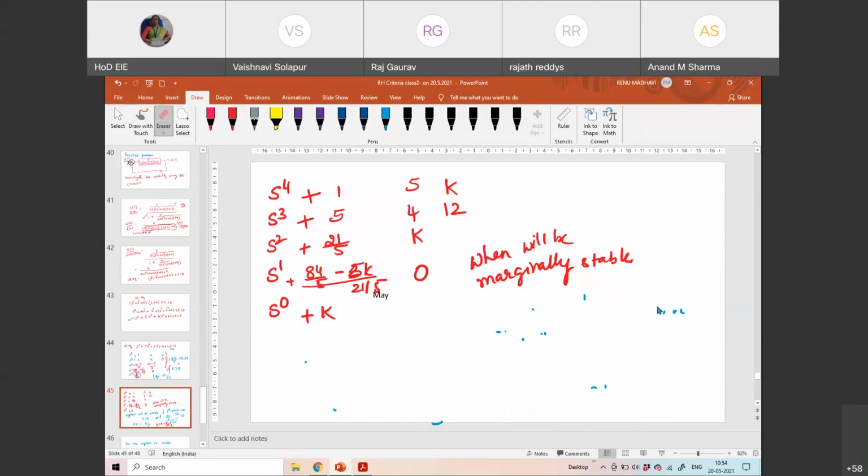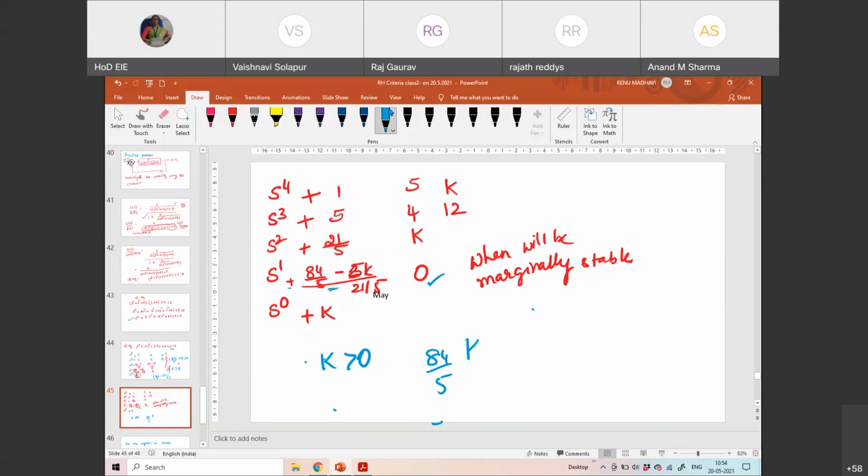So what is that? When will a particular row become 0? When k is 0, s naught will be 0, ma'am. All elements of the row. No, the s to the power of 1 row. See here, this is only one element 0, but it can have 2 elements, right?